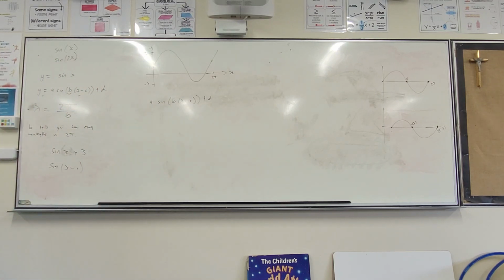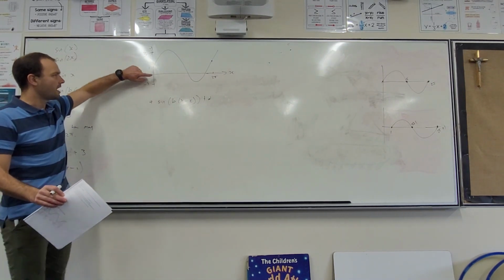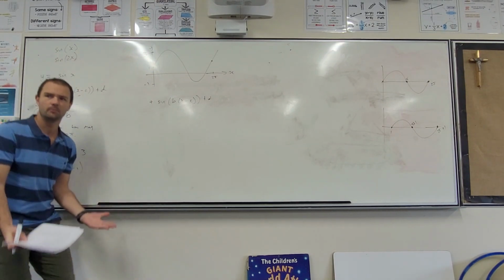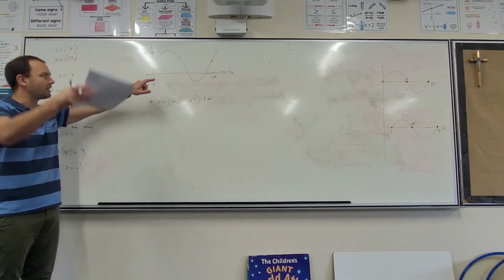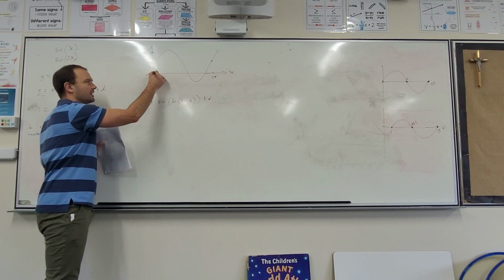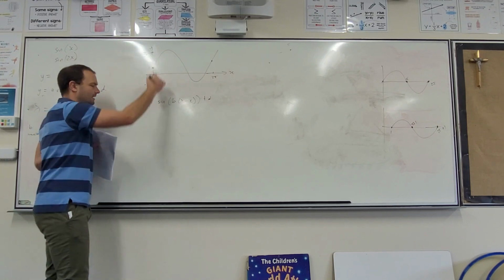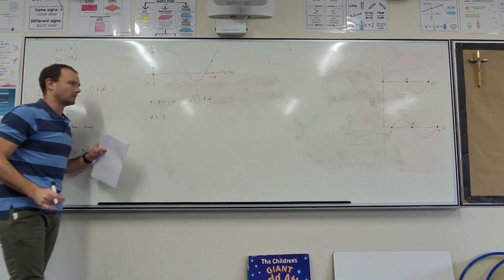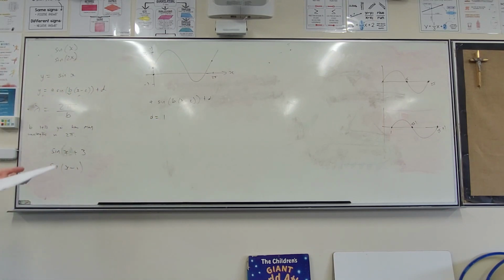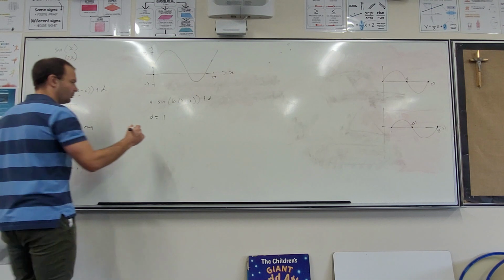Okay, firstly, D. D is the principal axis, it is the vertical translation. How much has the sine function been moved up? 1. 1, okay? It would normally start here, but it's been shoved up 1 unit. It now starts here. So we've got D equals 1. All right? A and B you can do in any order.